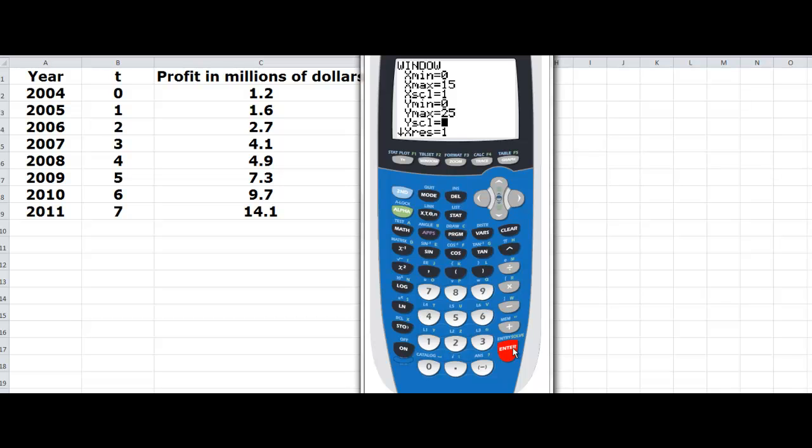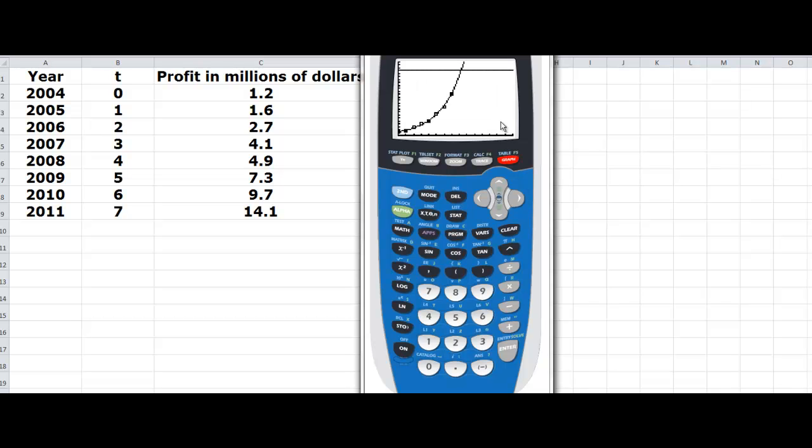So first let me do all that, and here you can see that we have the scatter plot and then we have the equation. Now we have to determine the year in which the profit will reach $22 million. So what we do is go back to this graphing window and put 22 in here.